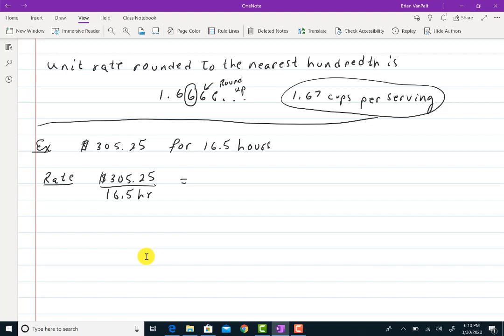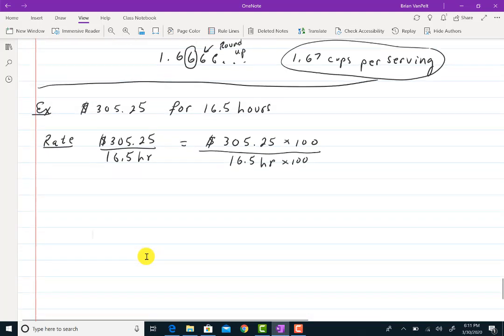I will have to get rid of the decimals in the numerator, so I am going to have to move the decimal to the right 2 places. So I'll multiply by 100, and whatever you do up in the numerator, you have to do in the denominator. So I'll take my 16.5 hours and I'll also multiply it by 100.